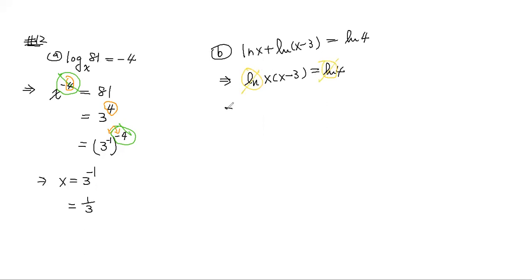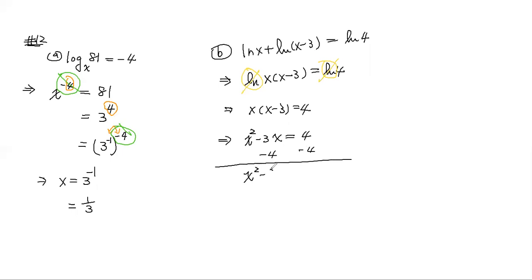Then you have x times x minus 3 equal to 4. Let's FOIL it: x squared minus 3x equal to 4. Subtract 4 from both sides, then you have x squared minus 3x minus 4 equal to 0. Then you factor, and you get x equal to 4 and x equal to -1.